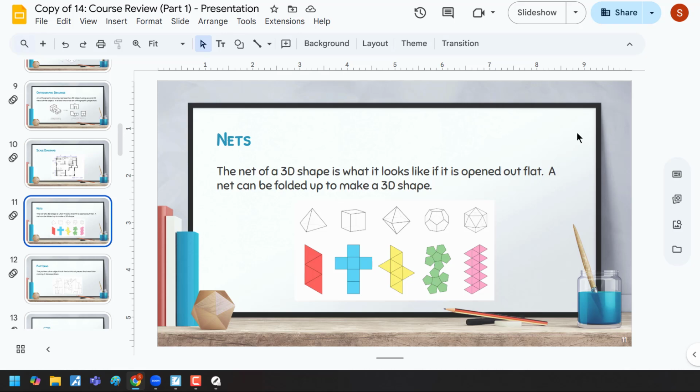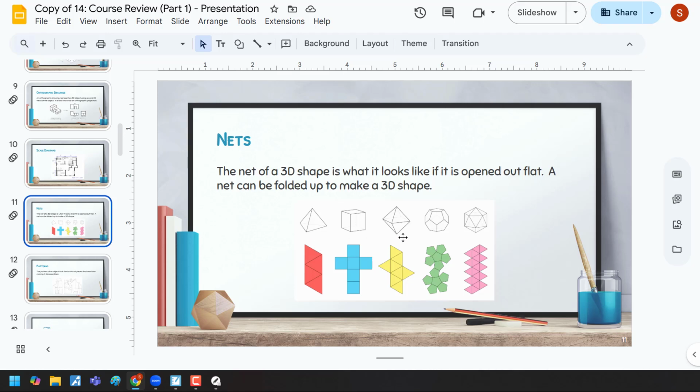And then there's nets. The net of a 3D shape is what it looks like if it is opened out flat. A net can be folded up to make a 3D shape. I'm sure you remember when you were kids, perhaps you did this in school where you cut out, and most schools and teachers usually do a cube, make like a dice or something.